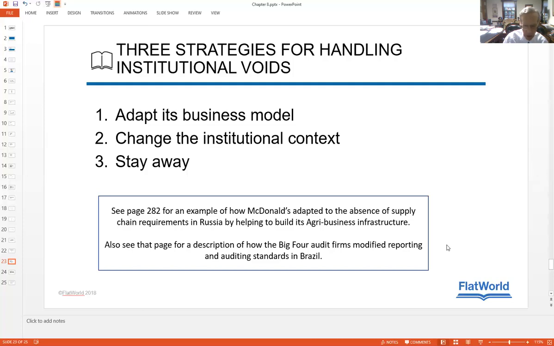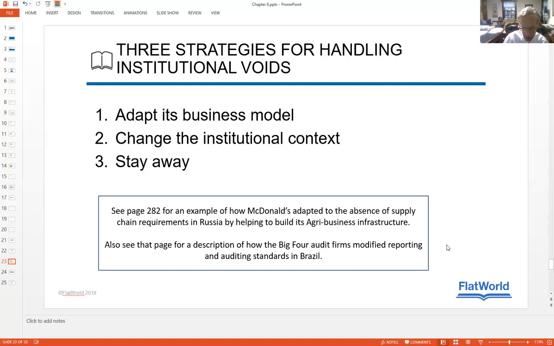So that's the second way to deal with institutional voids, to change the institutional context. And finally, on that same page, you'll find a very brief statement that it may come to be that you just can't.